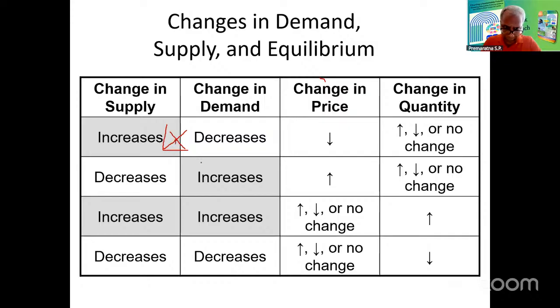Now here I can say there are four cases: 1, 2, 3, 4 cases here. For each case, you can see there are 3 scenarios, which means you have to draw this original situation.